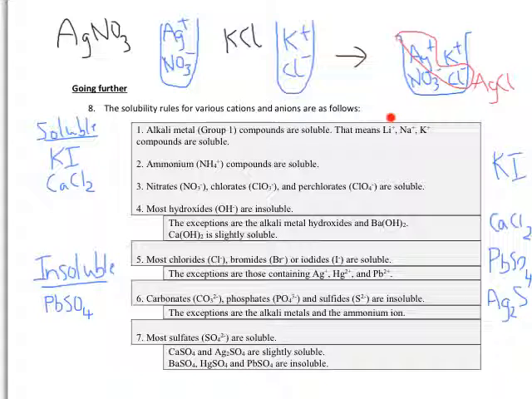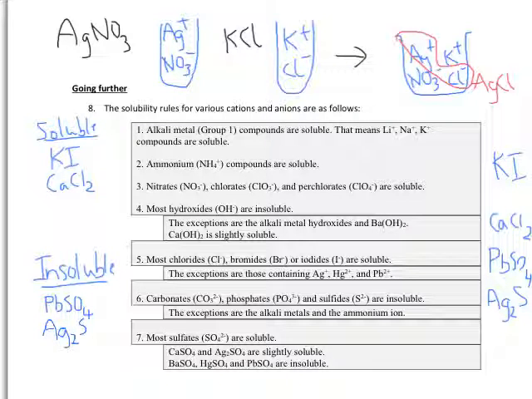Alkali metals are lithium, sodium, potassium and the rest of that group 1 column in the periodic table. And silver is not there. Silver is not an alkali metal. Silver is not the ammonium ion. So therefore this compound must be insoluble. And you basically go all of the way through and determine that.